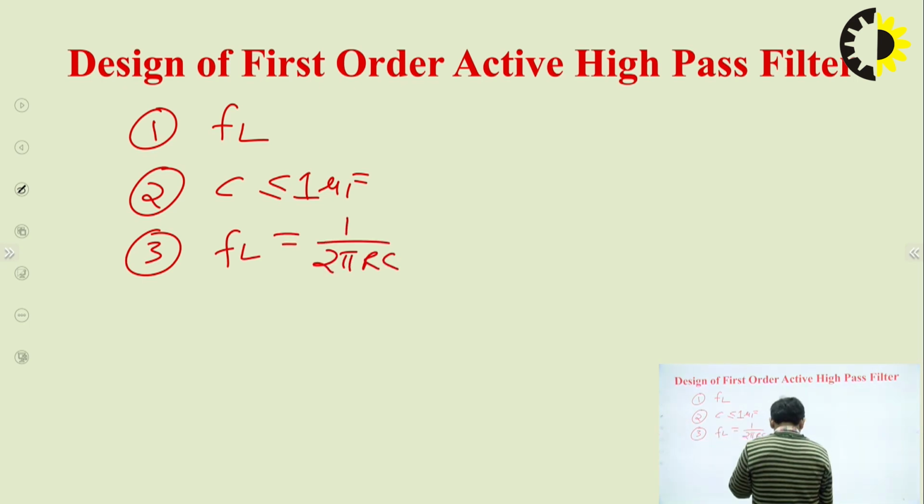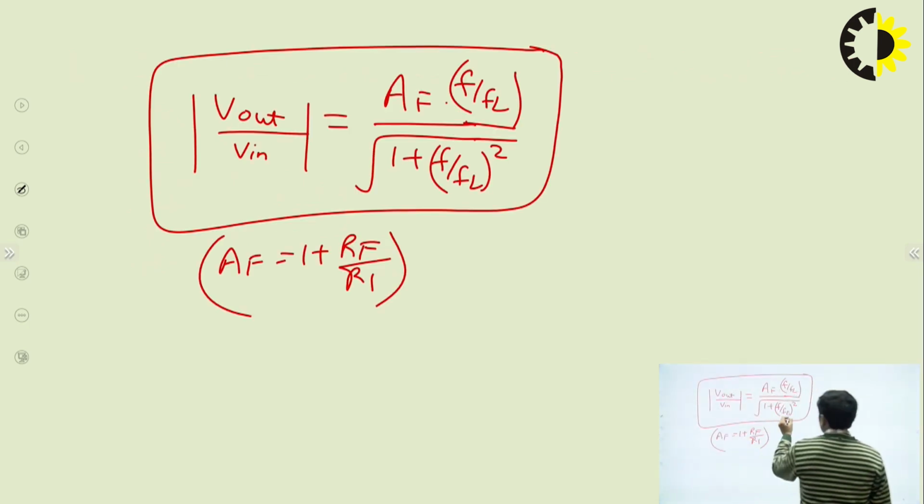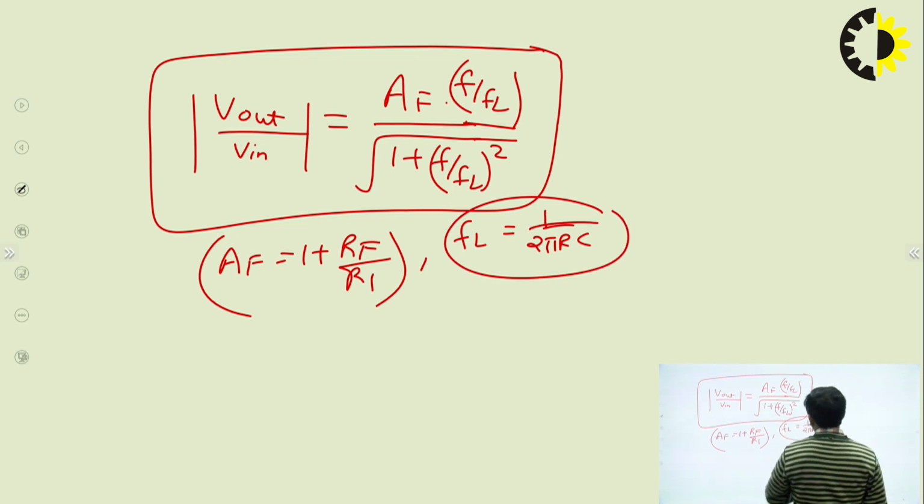One thing I want to mention here. In this equation of voltage gain, this FL is equal to 1 upon 2 pi RC. Right? This 1 upon 2 pi RC is also there in the first order low pass filter. So before listening to this lecture, I would suggest that you first refer to the lecture on the active low pass filter.